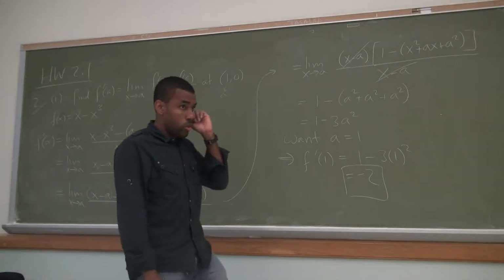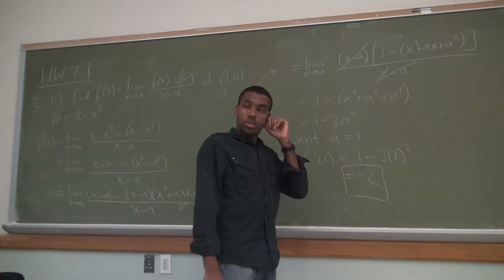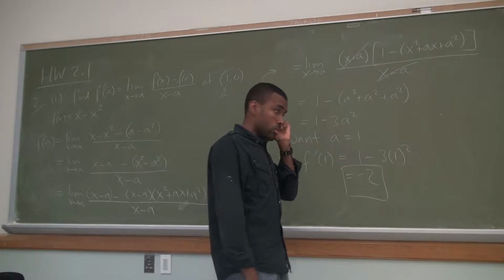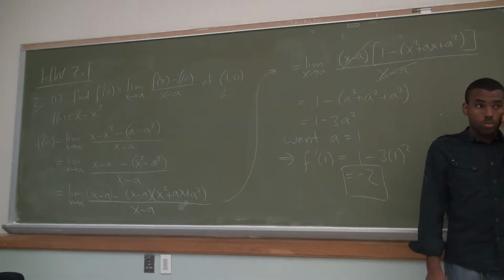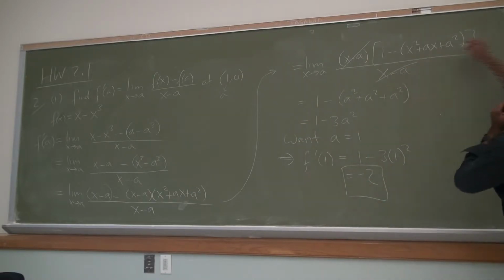Other questions on 2.1? In 2.1? What did it say? s equals 1 over t squared.